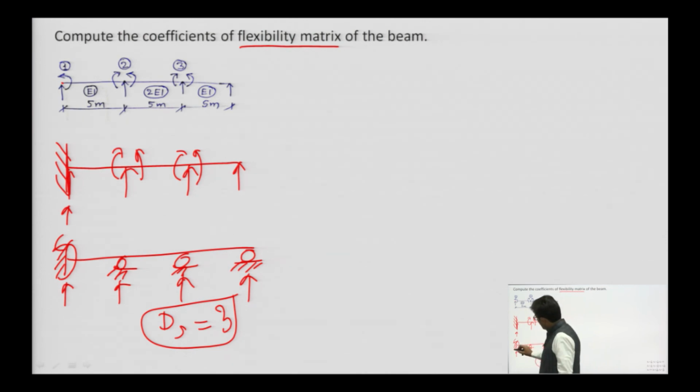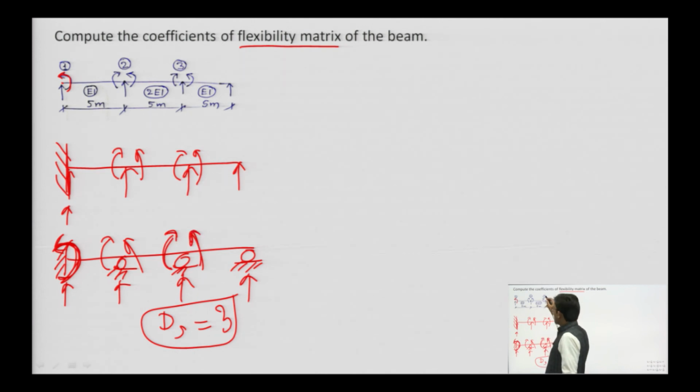That is why we have taken this as redundant 1, mentioned here by 1. Another redundant taken in this figure is the moment at this joint, which is 2. And this one moment has been taken as redundant number 3.